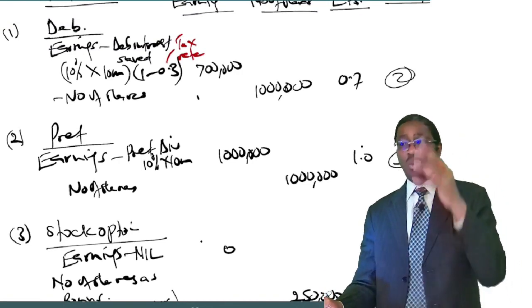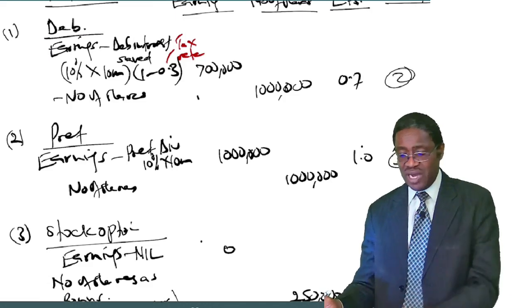Now listen, once you have ranked them, you can use your three potential ordinary shares to compute what we are calling the diluted earnings per share. So how do you dilute the earnings?